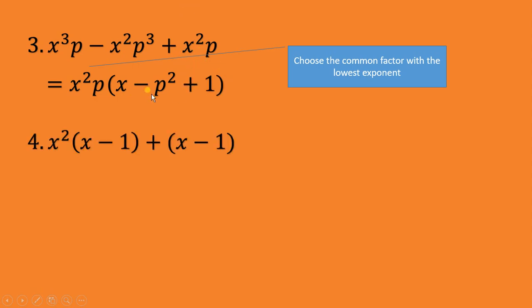In our next problem here, we've got x squared, x minus 1, and x minus 1. Now in this problem, the whole bracket seems to be the common factor. So x minus 1 is the common factor. The whole bracket is the common factor because they are identical brackets. So we can take out the whole bracket as our common factor, x minus 1.